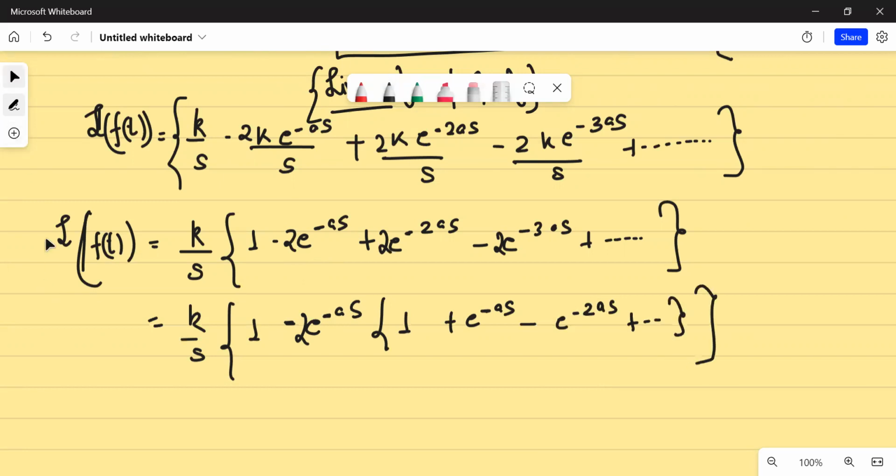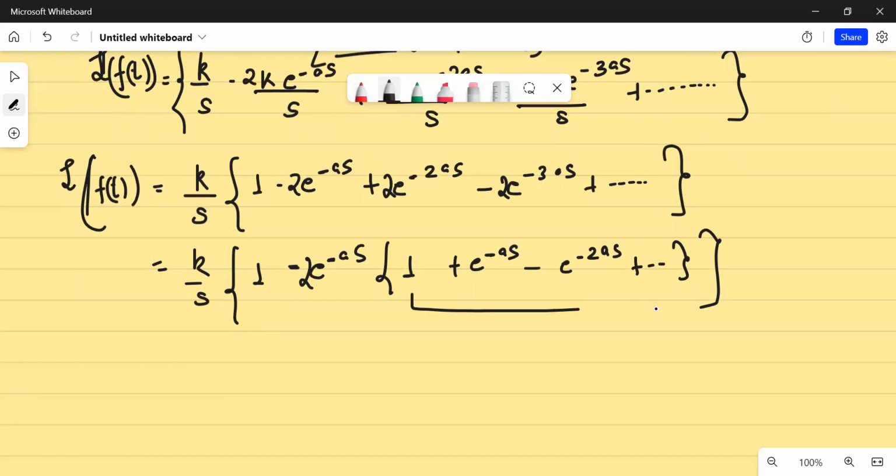Okay. Now look carefully, this is infinite terms in GP. Whenever you have infinite terms in GP, that is a plus ar plus ar square and so on up to ar to the n, and n tends to infinity, this sum is equal to a upon 1 minus r, where mod r is less than 1.